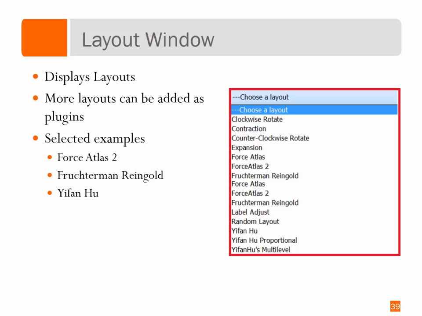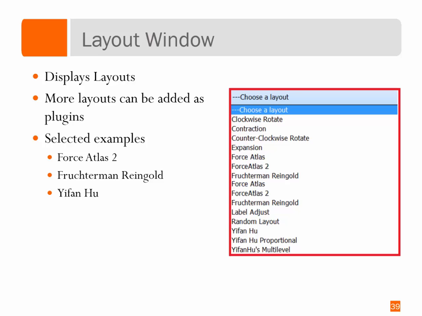And you'll see many of these are a particular type of layout where a researcher has come up with a unique algorithm that helps to highlight different types of information in a network diagram. So these are display layouts. It is possible to create more layouts, and they can be added. So if you come up with your own algorithm, you can apply it here.